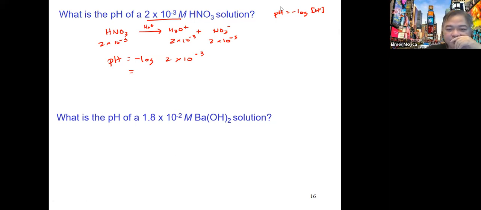Is it 3? Because if it's pH, that means point something. Remember, the pH, the significant figures is after the decimal. So this is equals to 2.7.